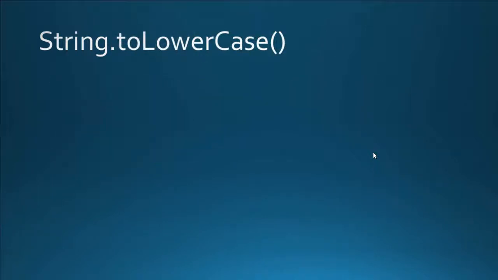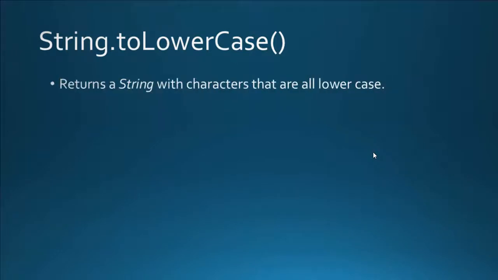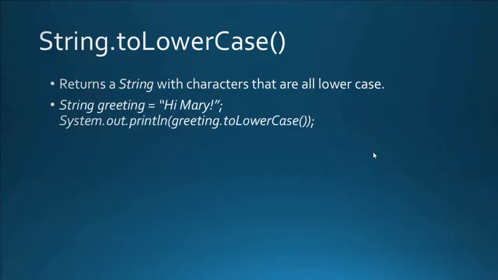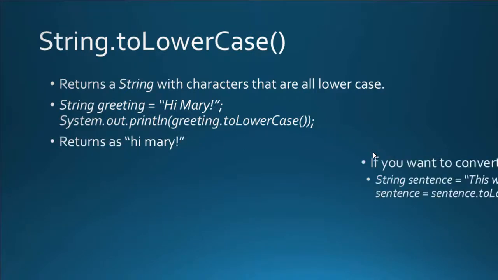Now let's say I wanted to convert a word to either all upper or all lower. First thing I'm going to do is string.toLowerCase. It returns a string with characters that are all lowercase. So here I have String greeting equals "Hi Mary". I'm going to do System.out.println(greeting.toLowerCase), so it would print out "hi mary".